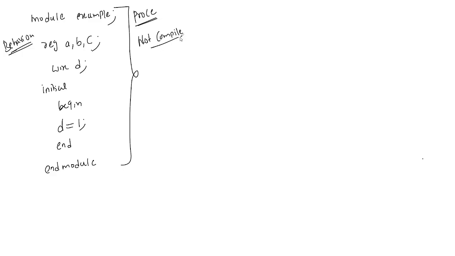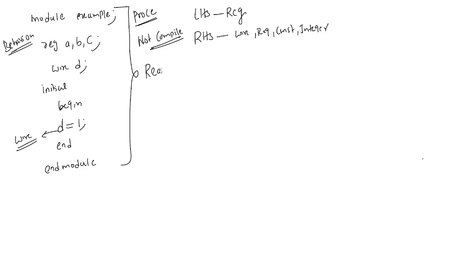Why? Because here D is which data type? Wire data type. I told you, in behavioral modeling, the LHS should be which data type? Compulsorily, it should be reg data type. The RHS can be either a wire data type, reg data type, a constant, or an integer also. So what is the reason it is not compiling?